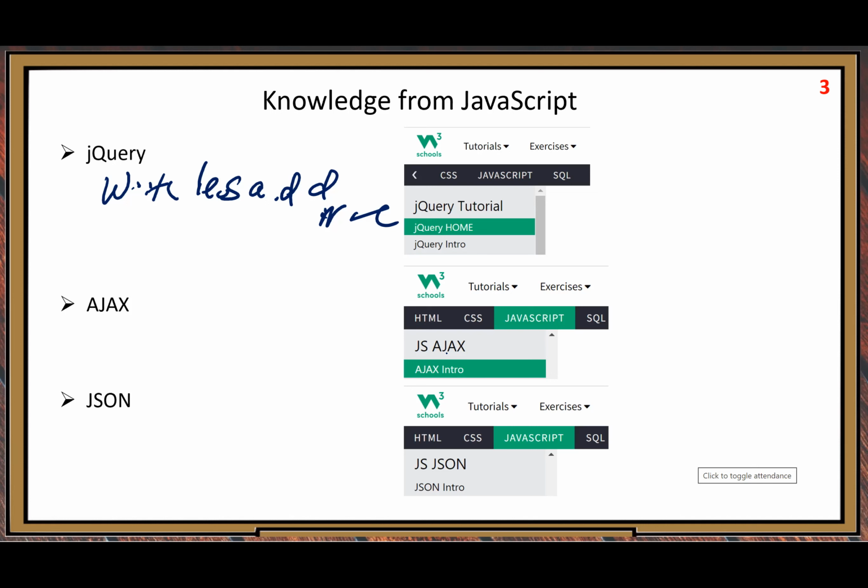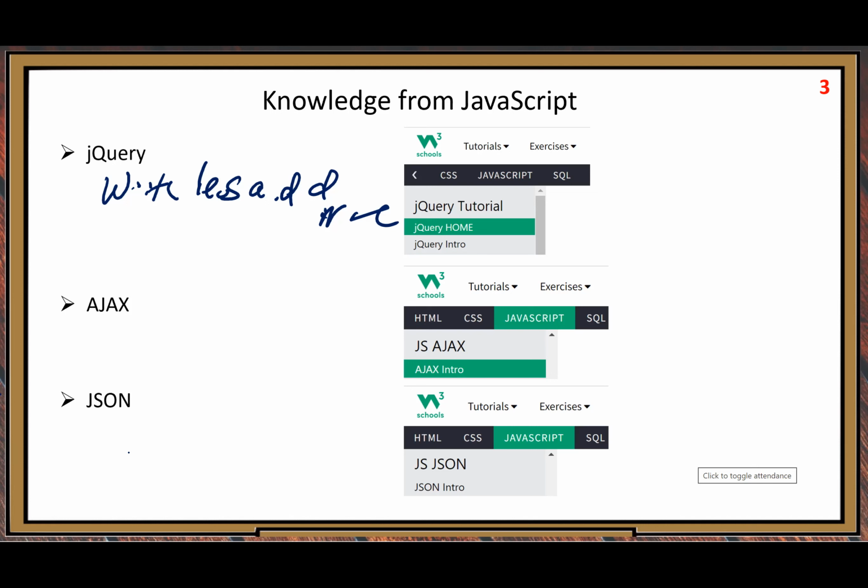Very fast. So you see it's an extremely powerful technology, but it's so simple to learn. In this class, we will use Ajax to do data communication between client and server.